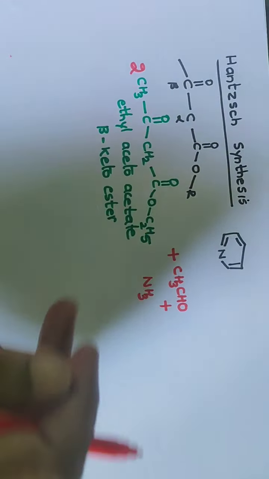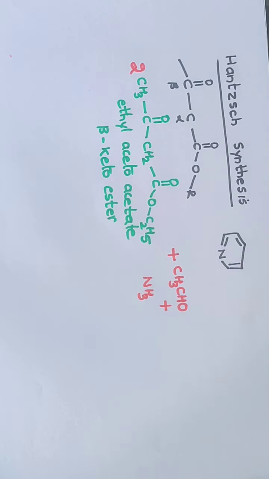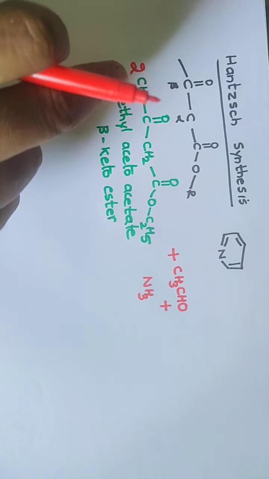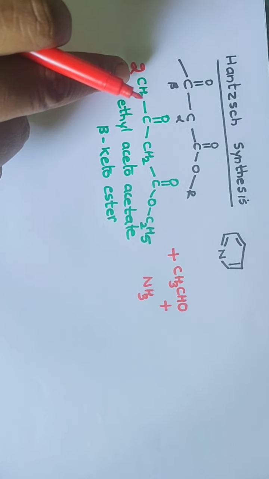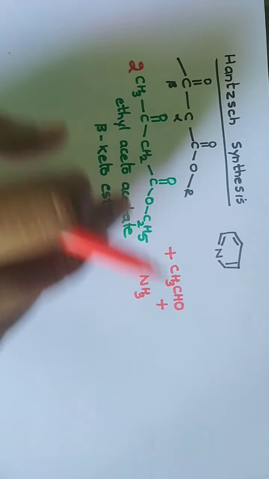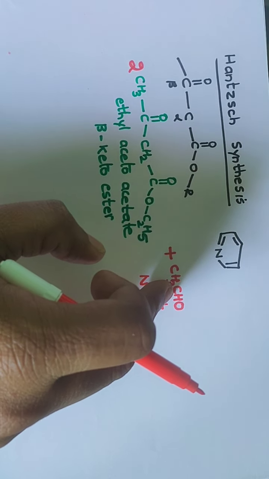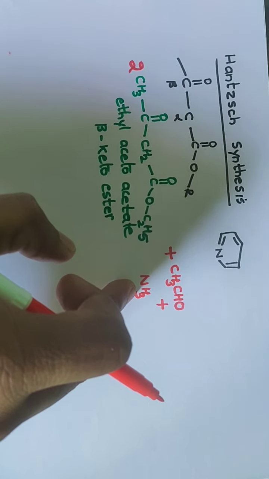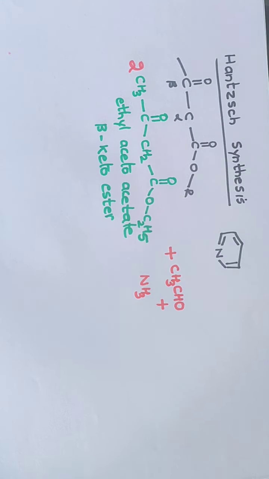Those two intermediates react to form another intermediate, which on oxidation will give you the pyridine molecule. So what you should remember is that two molecules of ethyl acetoacetate, one molecule of acetaldehyde and one molecule of ammonia undergo condensation. This synthesis is called Hantzsch synthesis of pyridine.